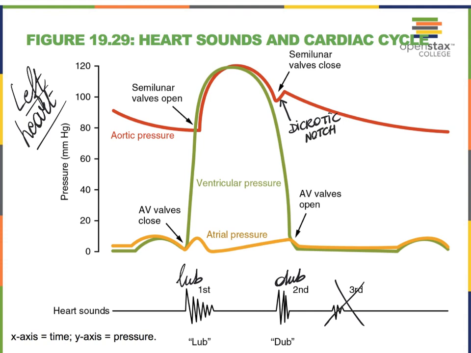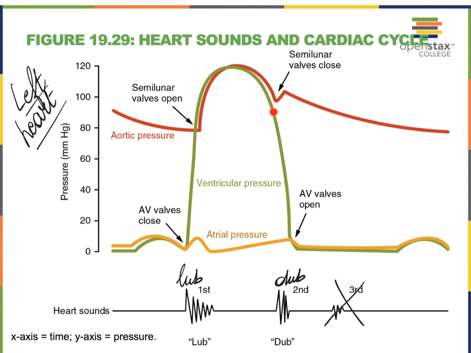So the dicrotic notch is the little dip in the pressure of the aorta as the blood literally slams up against the semilunar valves that have just closed. So we see a bump here, which is the rise in pressure, which was preceded by a bit of a dip as we see the pressure of the blood dropping.